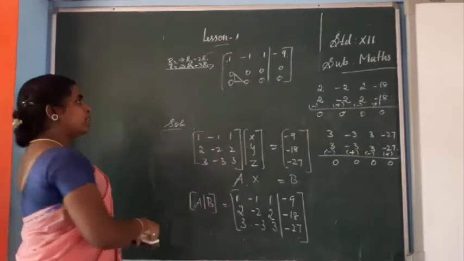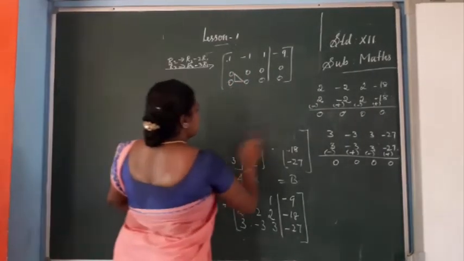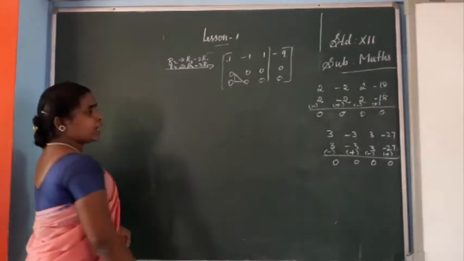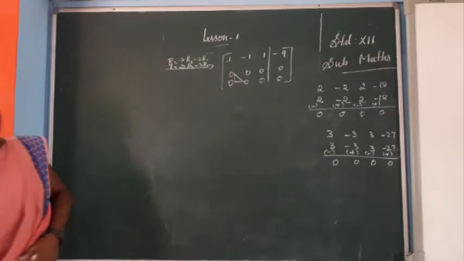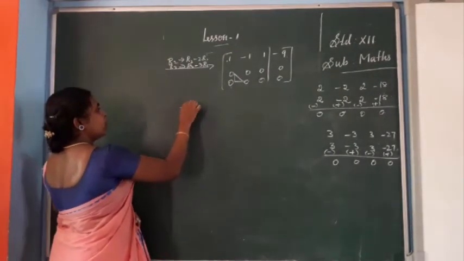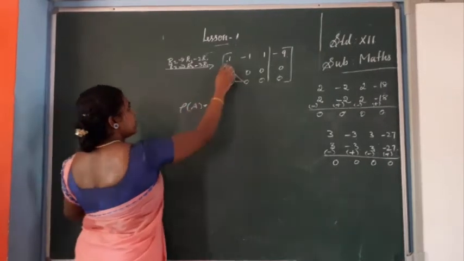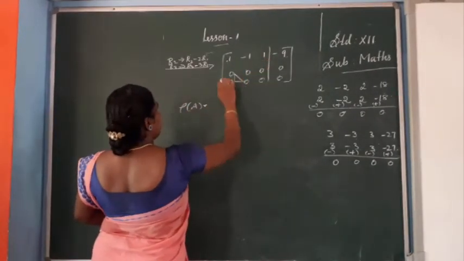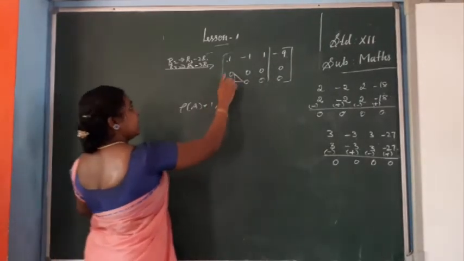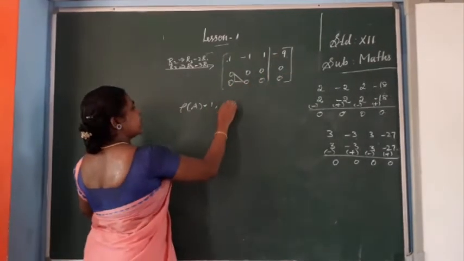Okay, so after converting into echelon form, what do you want to write? You want to write the rank of A and rank of AB. So rank of A equal to... in A there is only one non-zero row, so rank of A is 1. Then rank of AB, if you check, is also only 1.